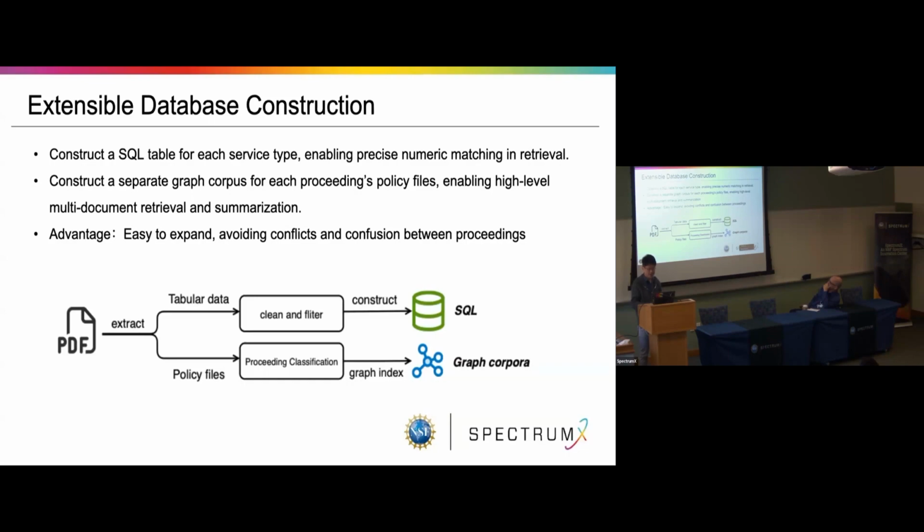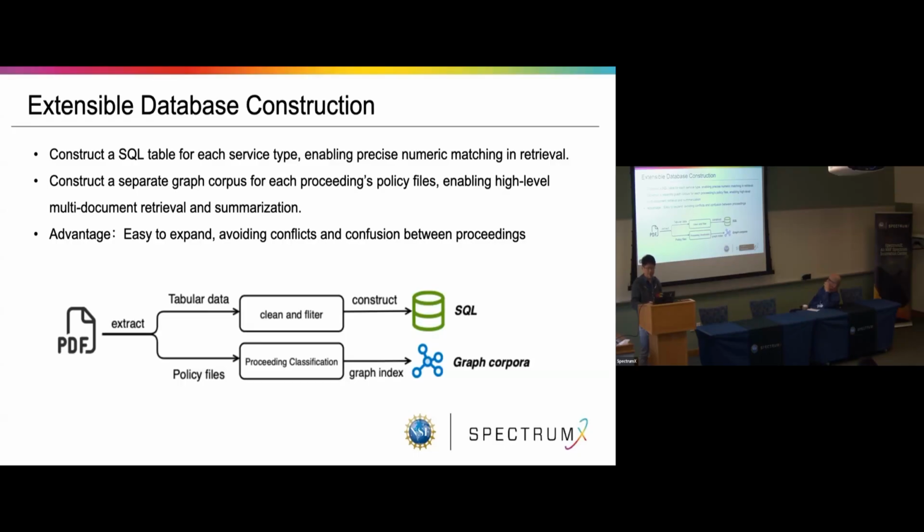The first is the database construction. I think the figure here probably says it best. We construct the SQL data table for every data type, and then separately we have a graph corpus for each proceeding's policy files that allows us to do high-level multi-document retrieval.